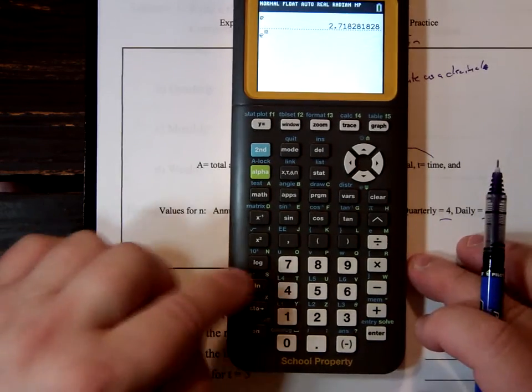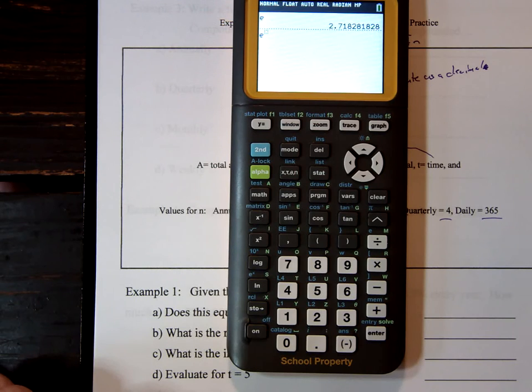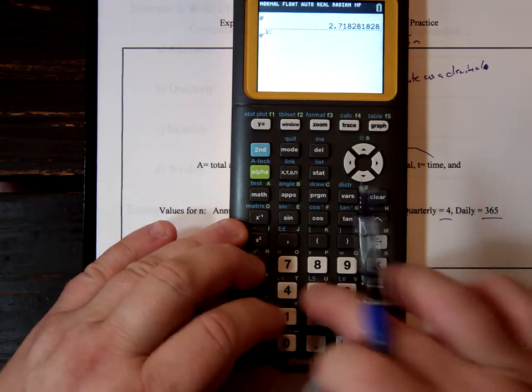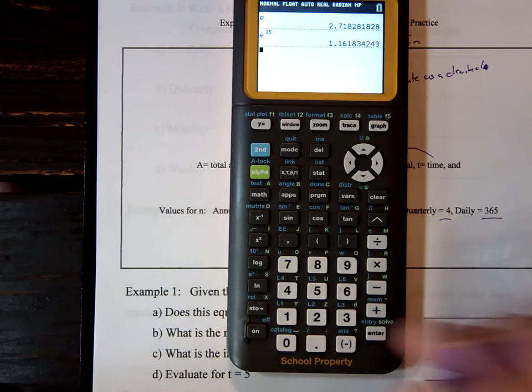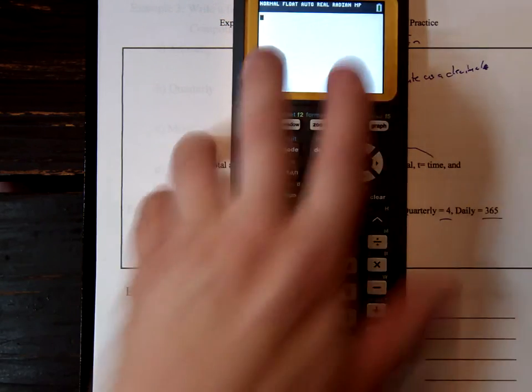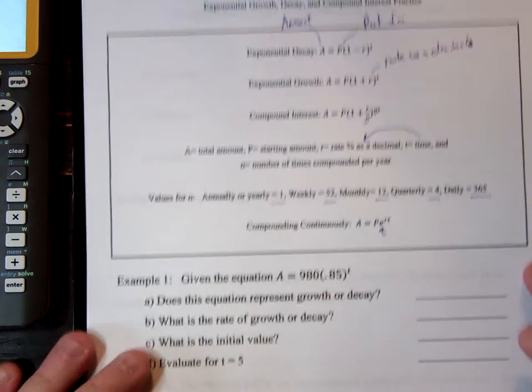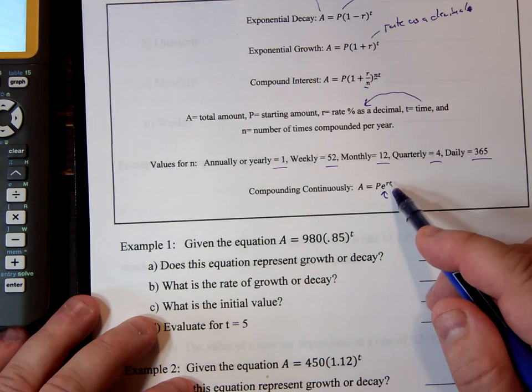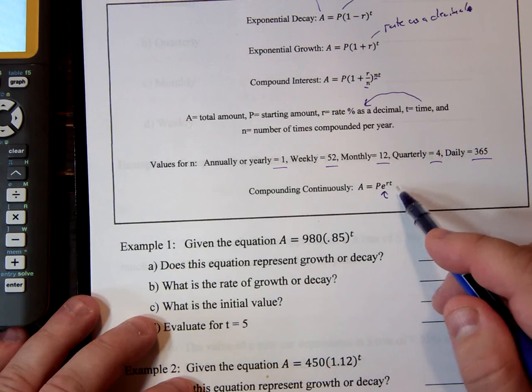So E to the X, which you can type in the power, which is the same thing you have on Desmos. So if you want to use E to a power, you can raise to any power you want. Okay, so we'll use that in a minute, but so you have that E, which is the constant, and then your rate again still as a decimal, and your time.